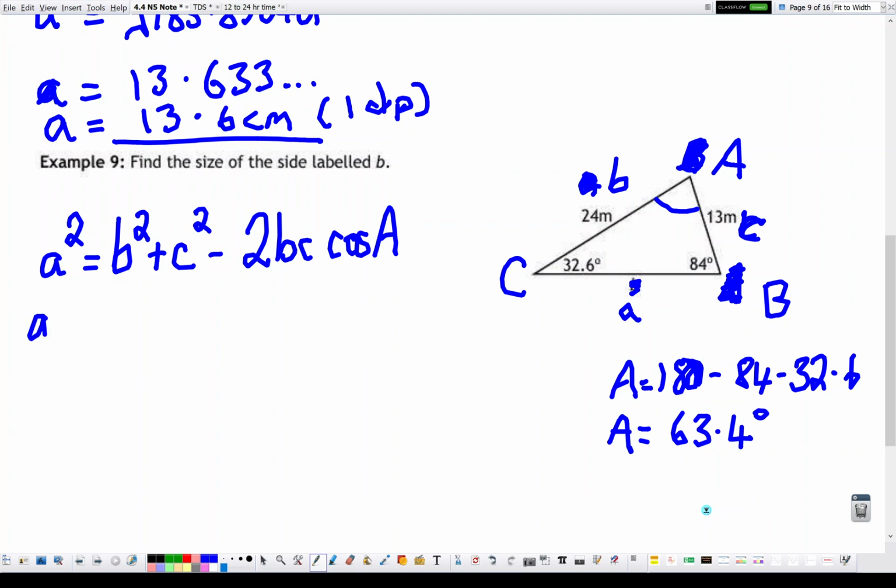we can put everything into our formula. Again, just be very careful substituting stuff in. So B is now 24 squared. C is now 13 squared.